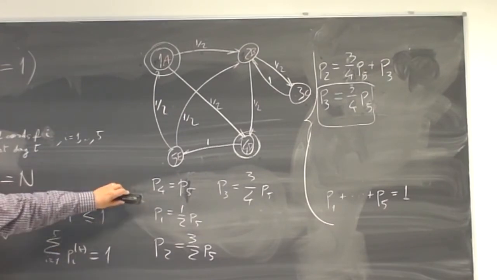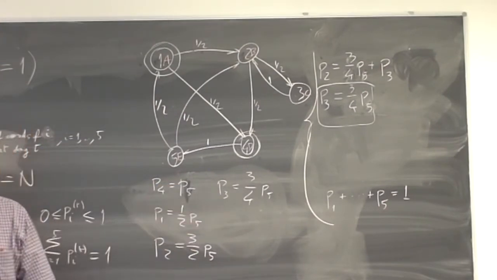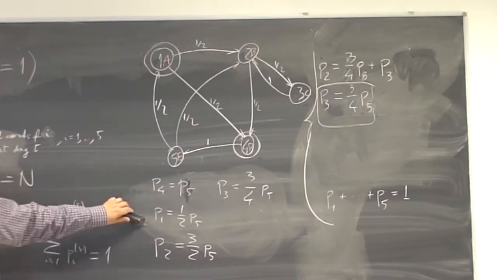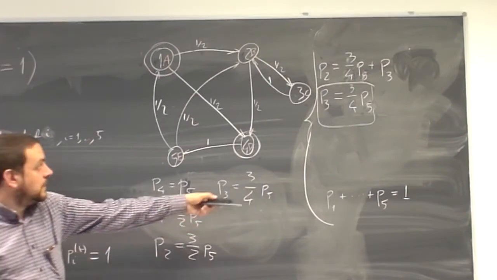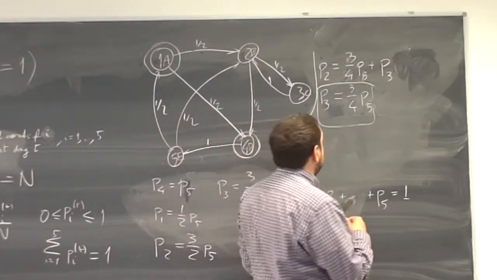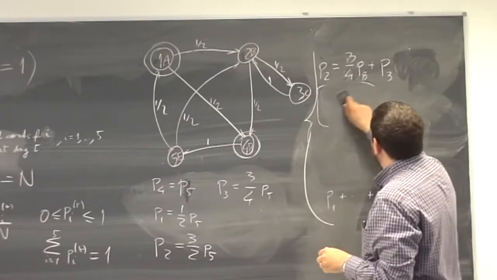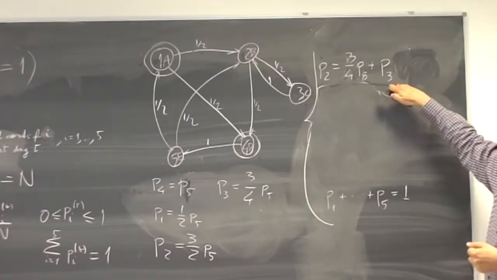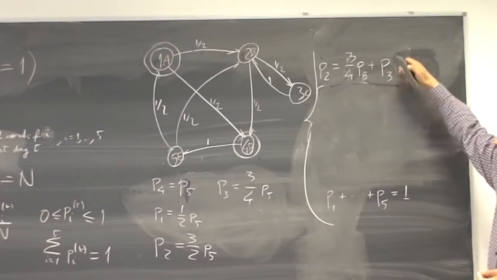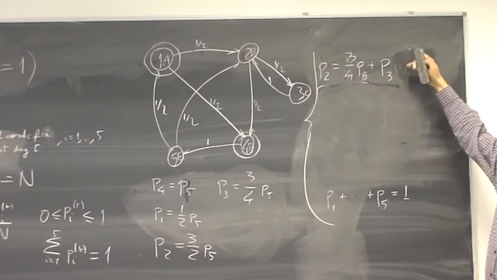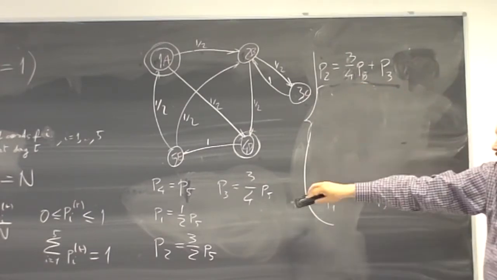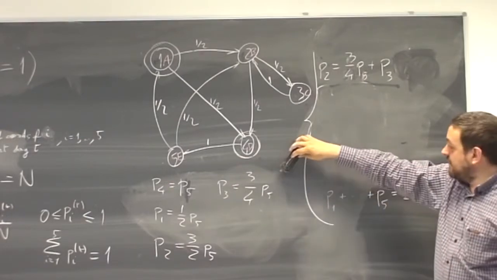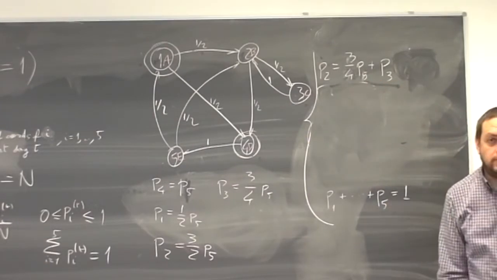And now we have all probabilities in terms of P5. Okay, we use this. We didn't use this equation, but we don't need it. Actually, you can check if. So if you replace P5 here, you should get 0 equal to 0.